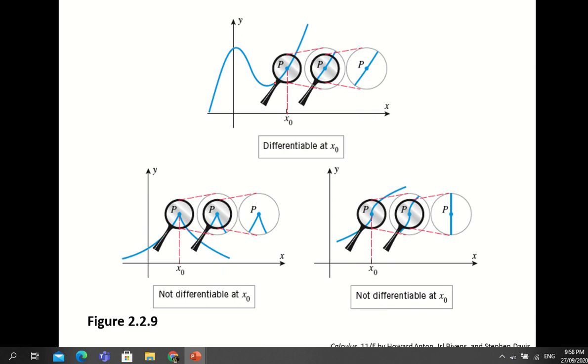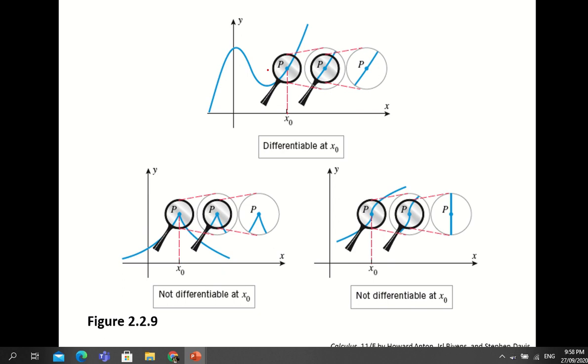And as this point moves closer to point P, it tends to approach point P. So in this case, we say that this function is differentiable at x equal to x sub 0. So this is our x sub 0 at this point. So our function is differentiable at x equal to x sub 0.